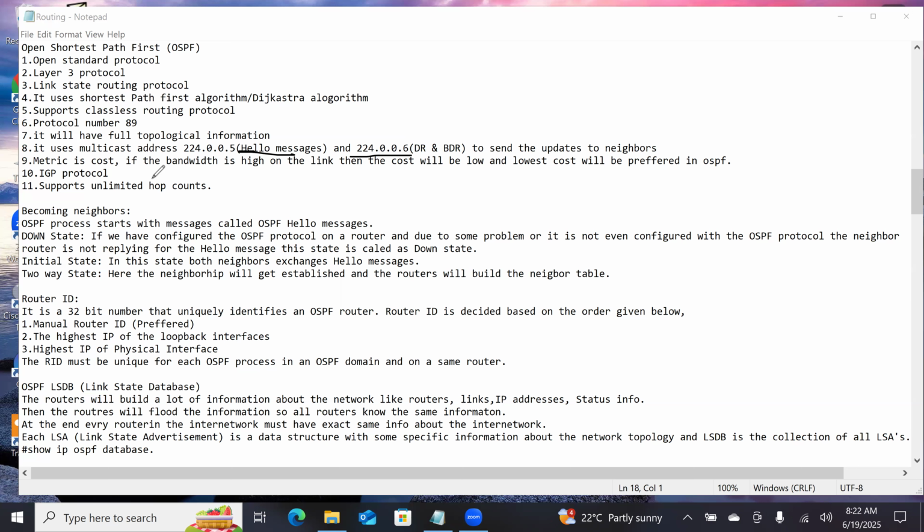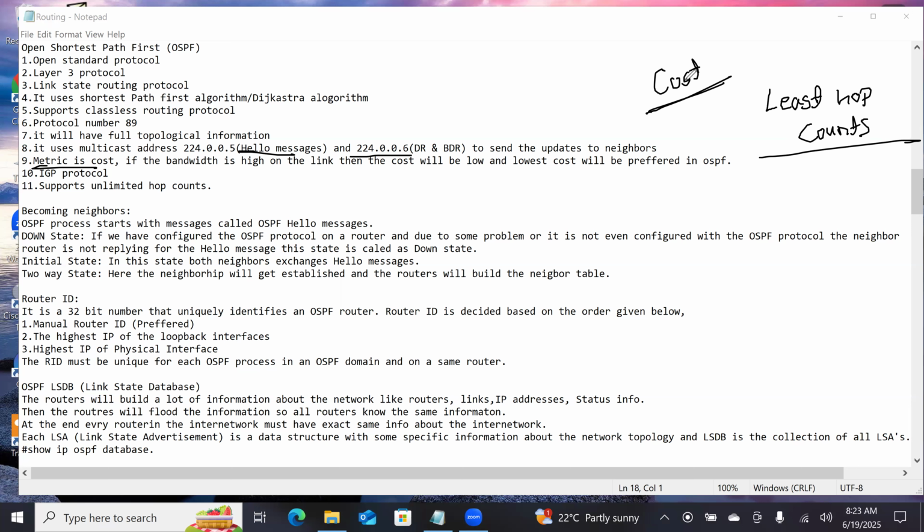Here the metric is cost. What is the metric of OSPF? It is cost. What was the metric in the RIP protocol? It was the least hop count. What exactly is the cost?